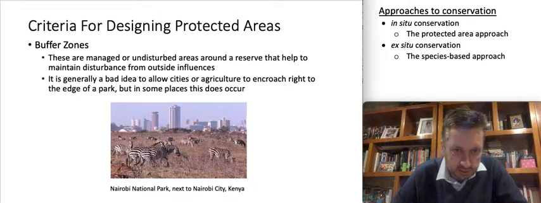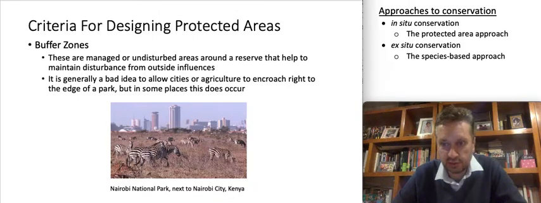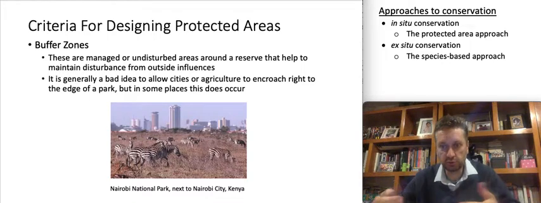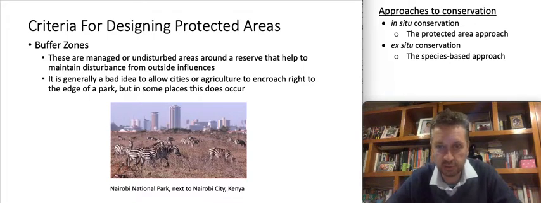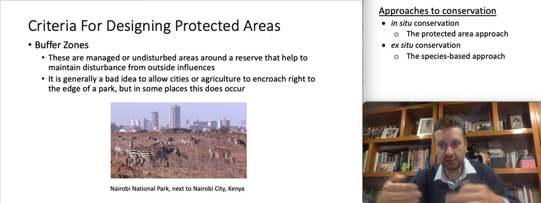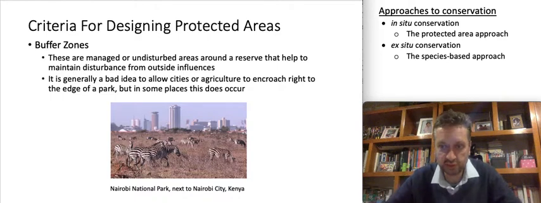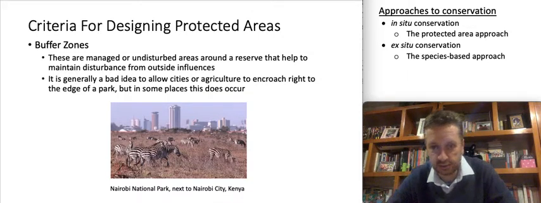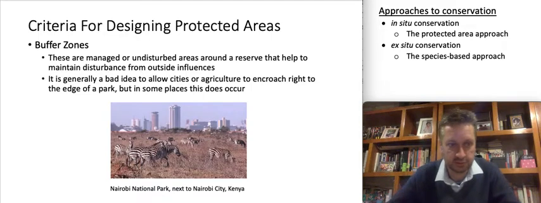It's generally a bad idea to allow cities or agriculture or human influence, full stop, to encroach closer and closer towards your national park, but very often it's inevitable. There's a picture here of the Nairobi National Park in Kenya, and you can see that the city of Nairobi has basically encroached right up to the fence of the national park. So the buffer zones don't really exist in that case. Again, that's due to national politics, and it's possibly unavoidable these days.